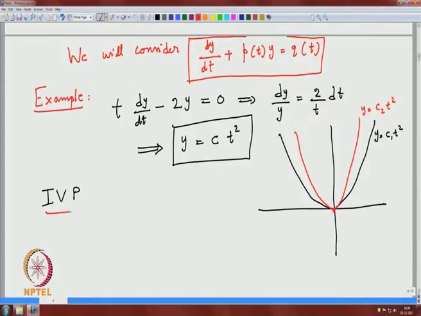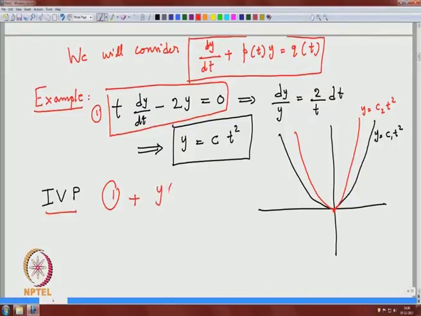So I put an initial value problem, this is my initial value problem 1, together with my initial condition y at 0 equal to 0. For equation 1 with y at 0 equal to 0, for any c, y equal to c t square are solutions.